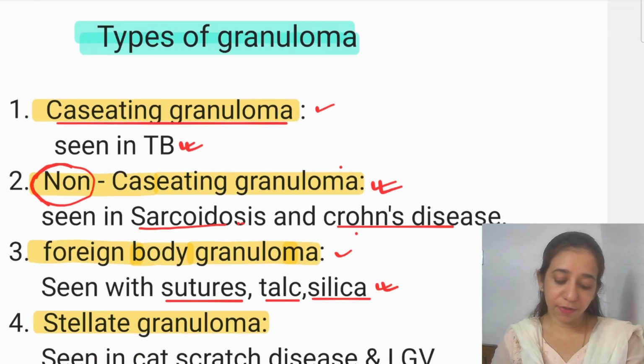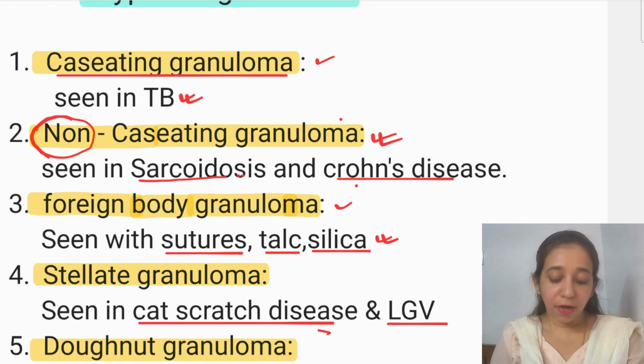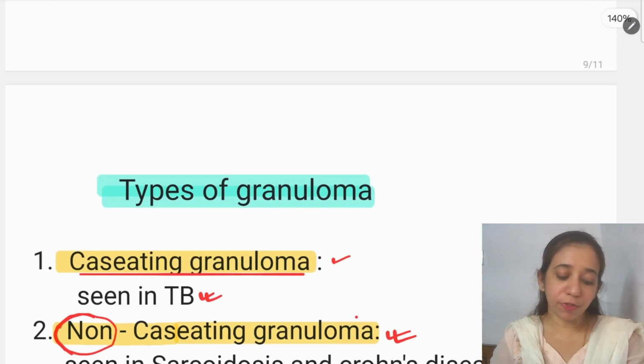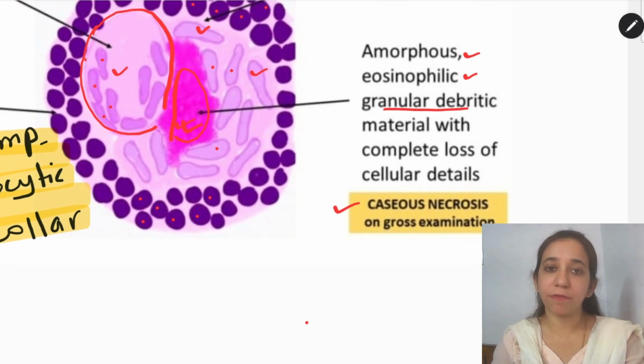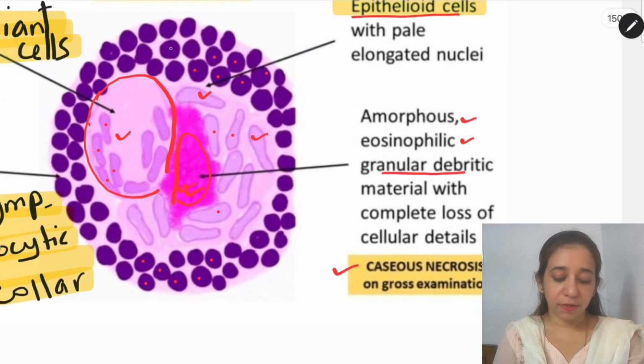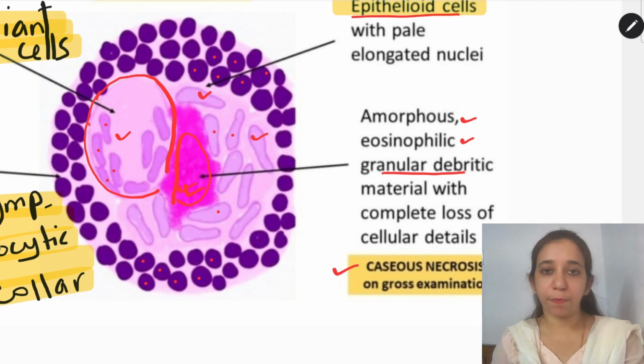And one other point, in case of sarcoidosis, we see bare granuloma. That means this lymphocytic collar is not present in case of sarcoidosis. The lymphocyte cells around the granuloma are not present in case of sarcoidosis.